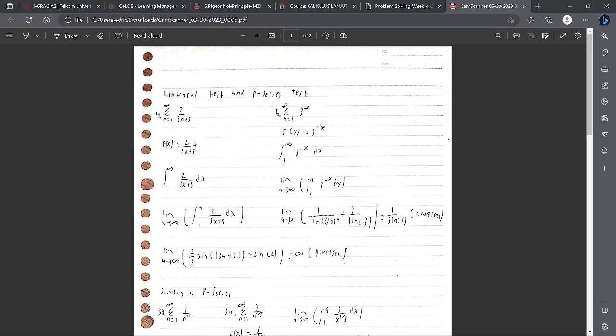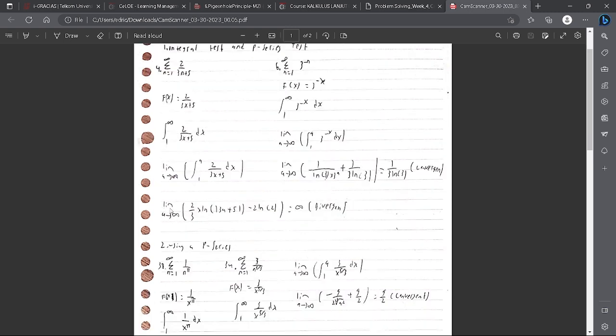f(x) equals 2 over 3x plus 5. Then the integral from 1 to infinity of 2 over 3x plus 5 dx, which is the limit as a goes to infinity of the integral from 1 to a of 2 over 3x plus 5 dx.